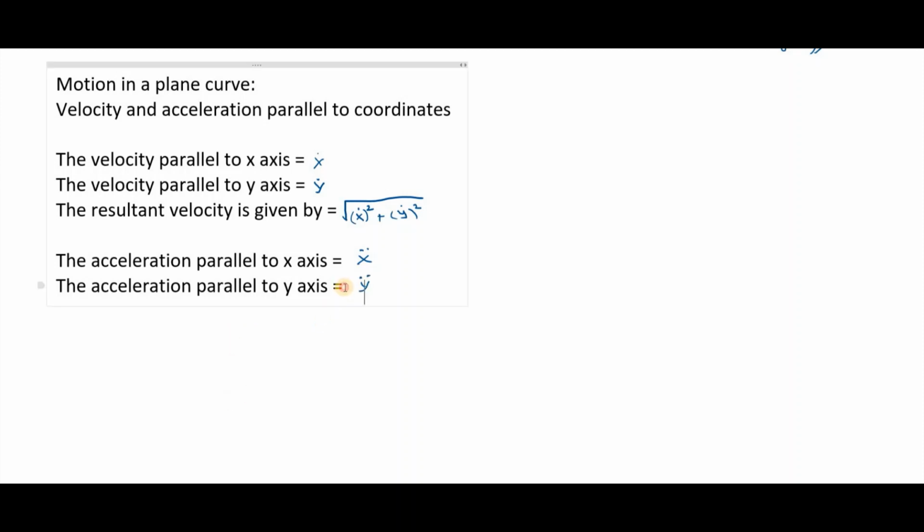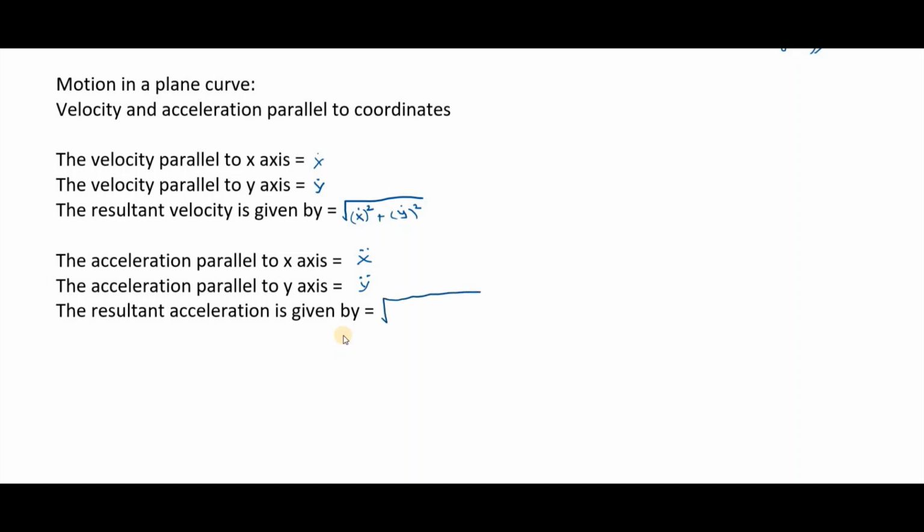Therefore, the resultant acceleration is given by the square root of x double dot square plus y double dot square.